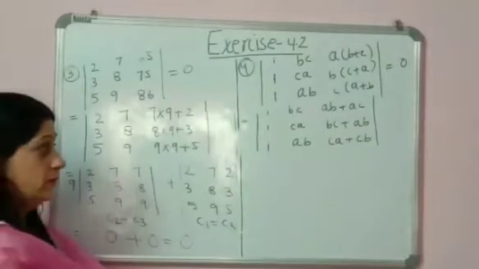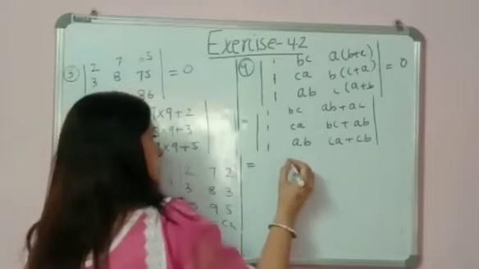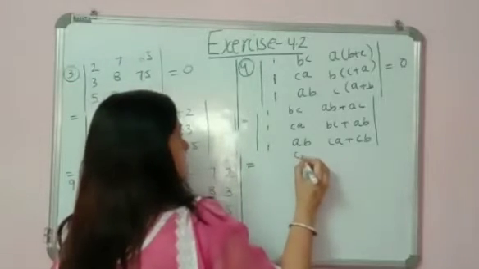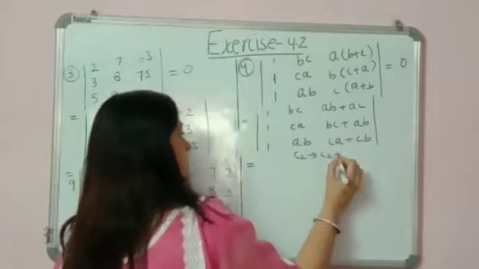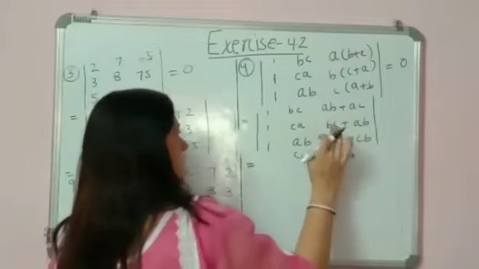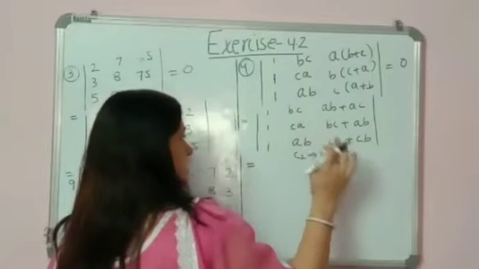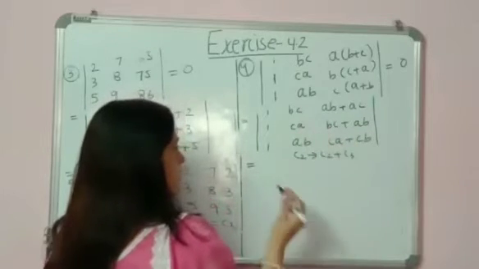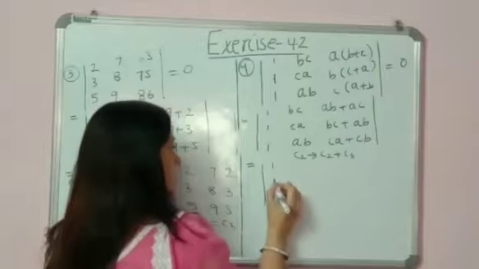Now you can observe that if you change C2 to C2 plus C3, you will get what? AB plus BC plus AC, AB plus BC plus AC, and same way here also. So you will get 1, 1, 1.